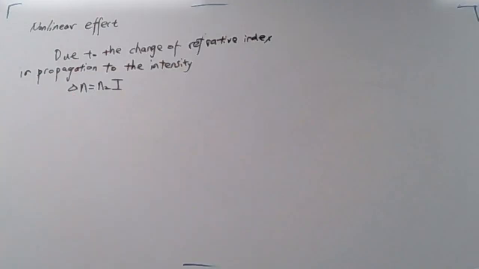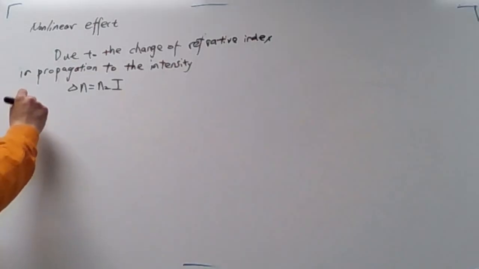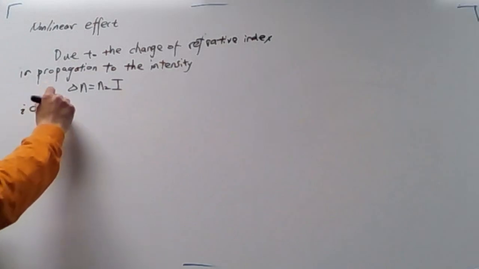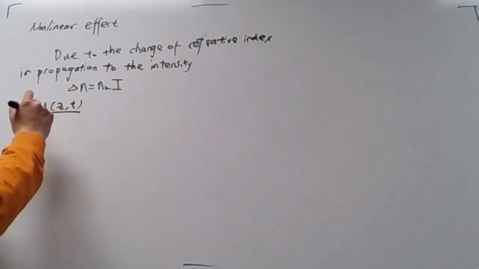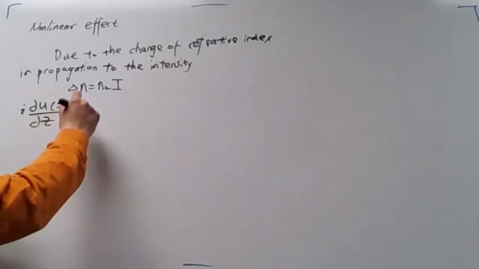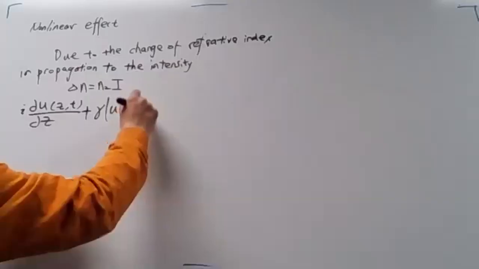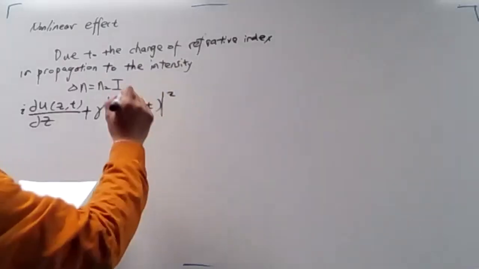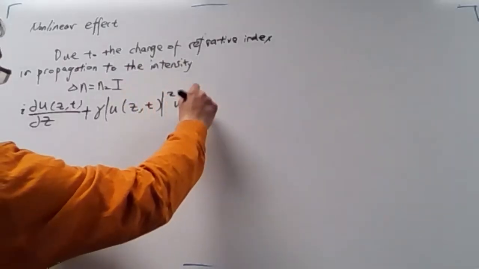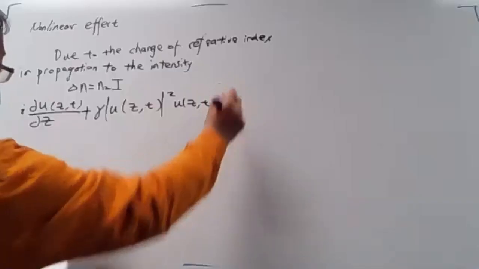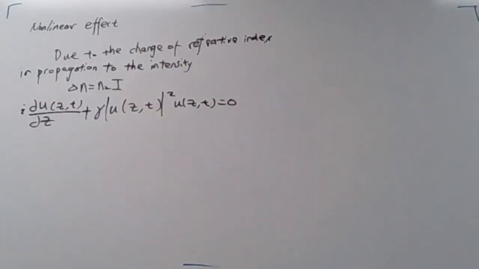Due to the change of the index, we can write down the equation: i partial u over partial z plus gamma u(z,t) absolute value squared u(z,t) equals 0. We will not talk about what this equation is or how it comes about.